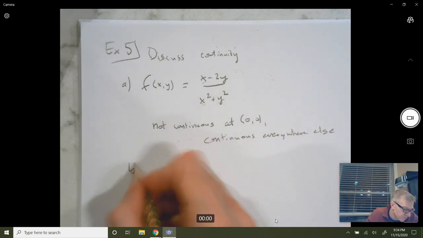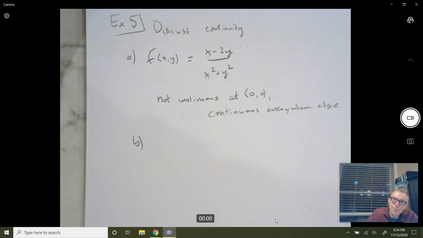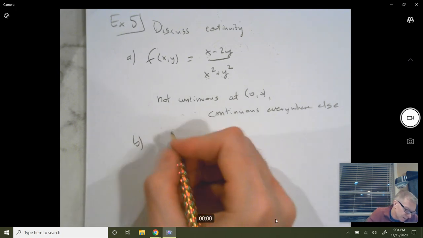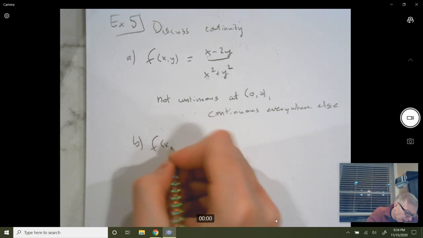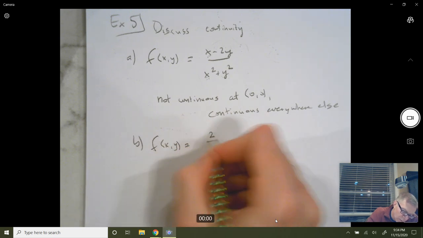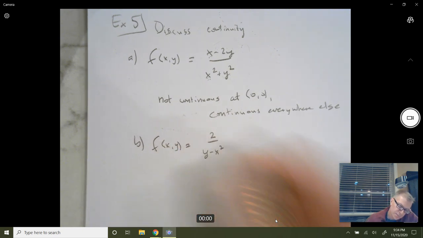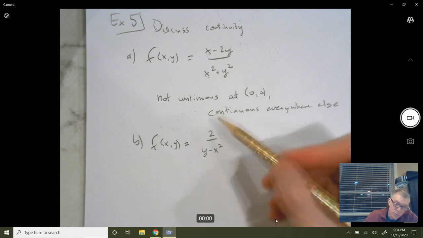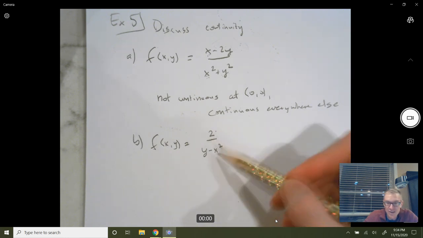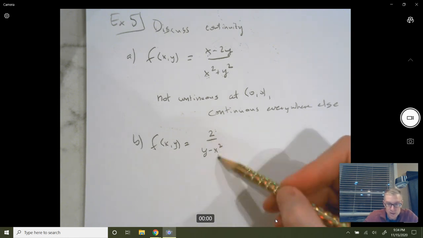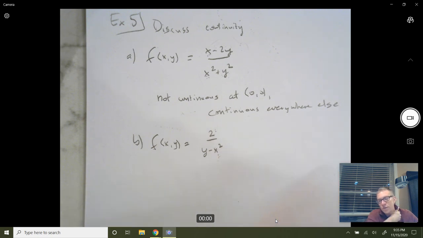Okay, let's look at B. This is f of xy equal to 2 over y minus x squared. Again, your numerator is a continuous function. Your denominator is a continuous function. Quotients of continuous functions will be continuous everywhere that they're defined.